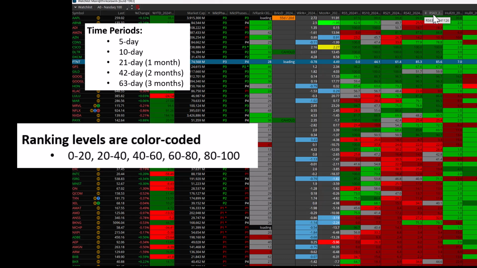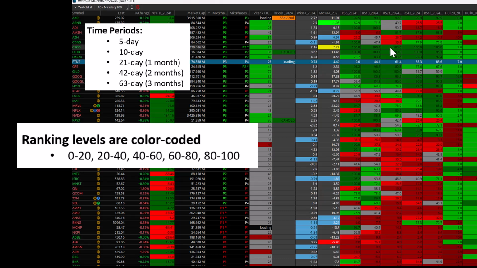And they're all the same with the exception of the difference of the dates that we're working from. And the number that's in the column corresponds to the ranking of that relative strength percentile for the stock for that day. And they're color coded in accordance with that ranking.